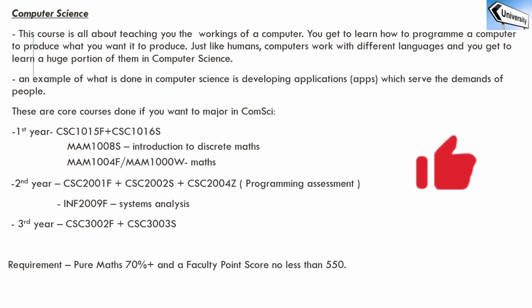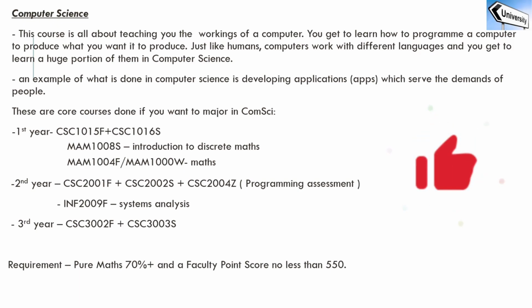Then you might be able to connect that course code and the description of that maths. So at UCT you do need maths in order to major in computer sciences, which is Introduction to Discrete Maths for the second semester. That S at the end stands for second semester, and the F stands for first semester. The W, that's a course you do for the whole year.